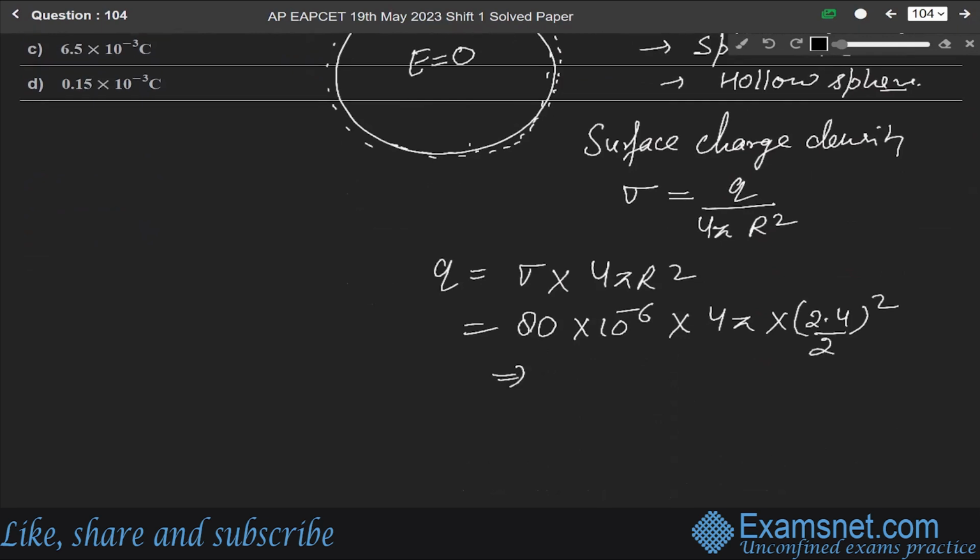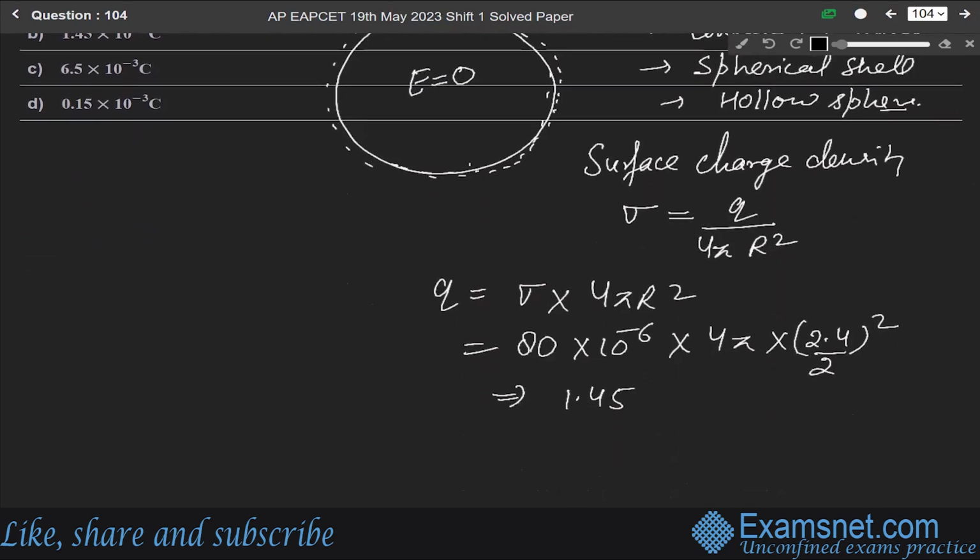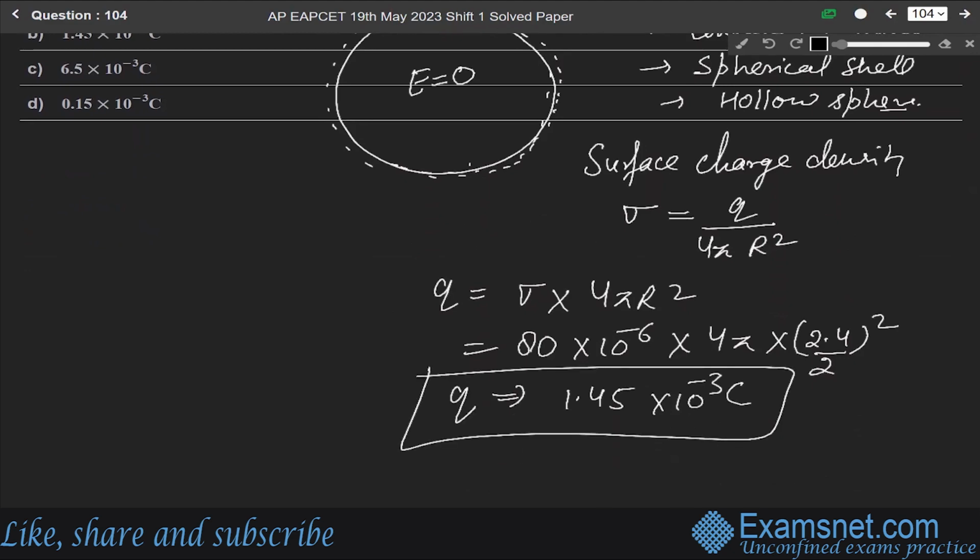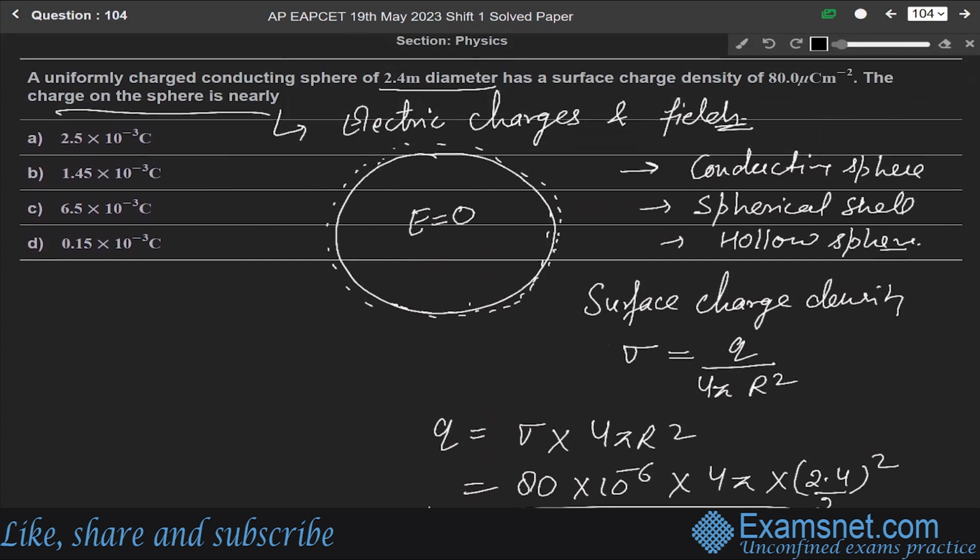So it will be 1.45 into 10 to the power minus 3 coulomb. So the charge of this conducting sphere will be 1.45 into 10 to the power minus 3 coulomb. It means option B is the correct answer.